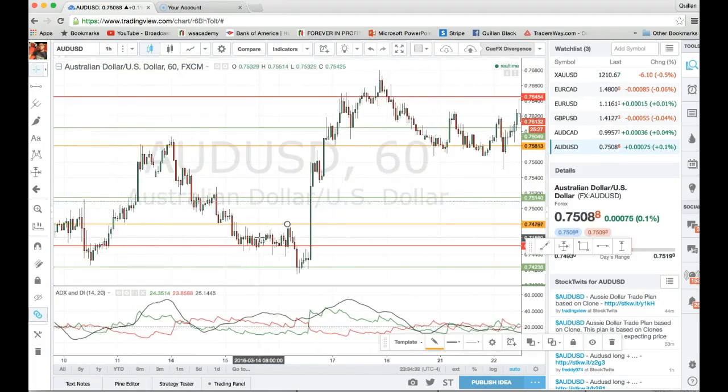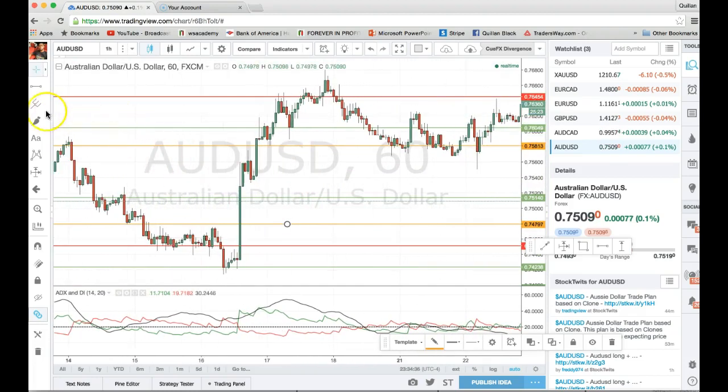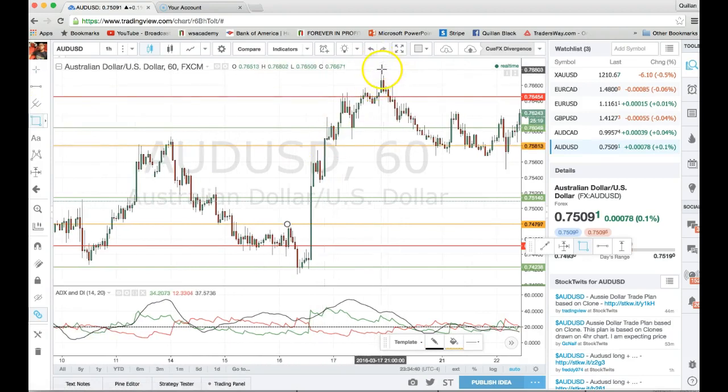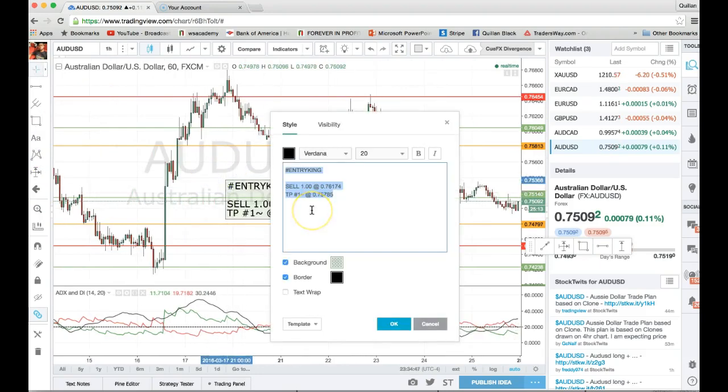And how I draw my supply and demand zones, like I showed you guys before, previous wick. Remember, all technical analysis is done on the hour chart. Let me write it down. All tech is done on the 1 hour chart.